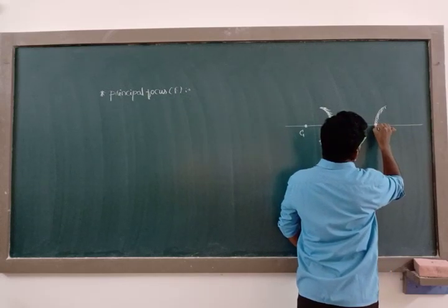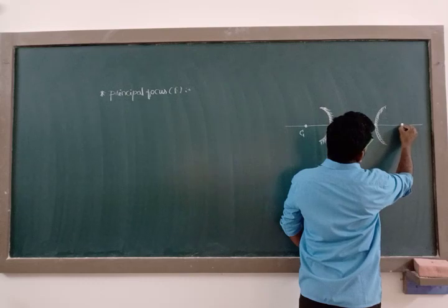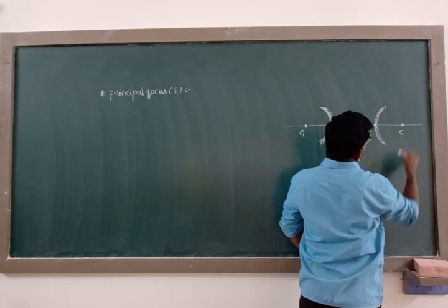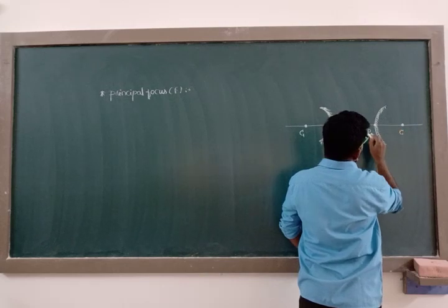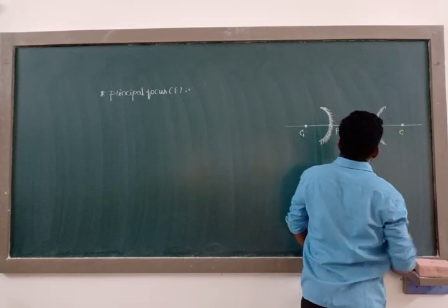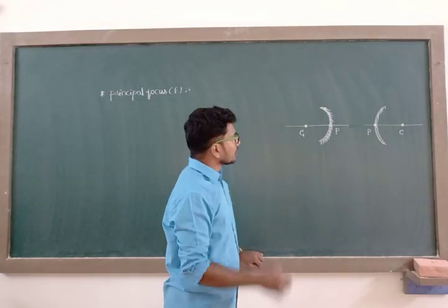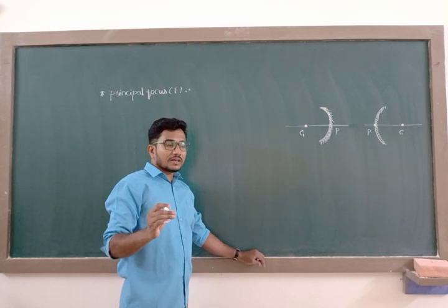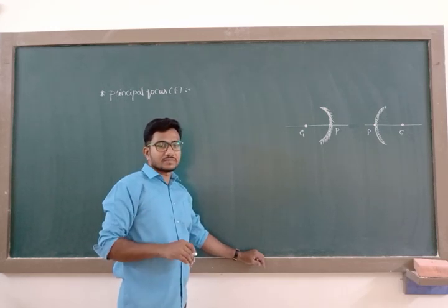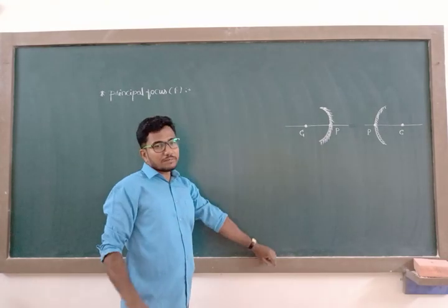Pole of the spherical mirror, center of curvature, the straight line passing through pole and center of curvature is known as principal axis. The principal focus is nothing but when a parallel light beam, that means light rays are parallel to the principal axis.